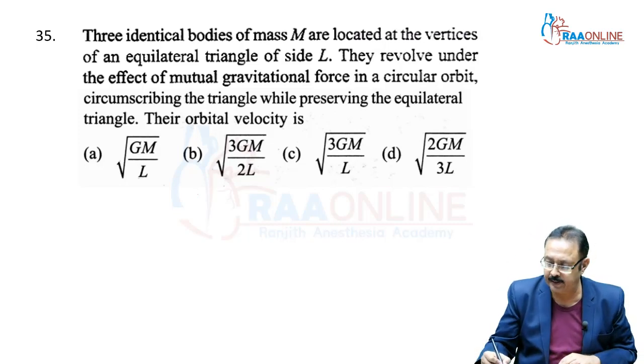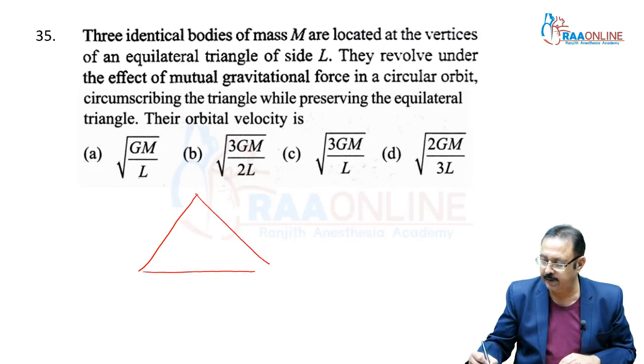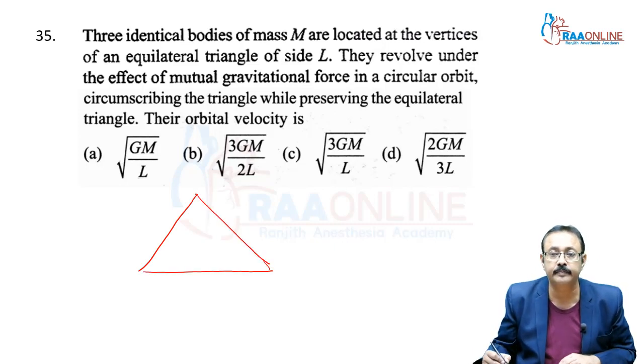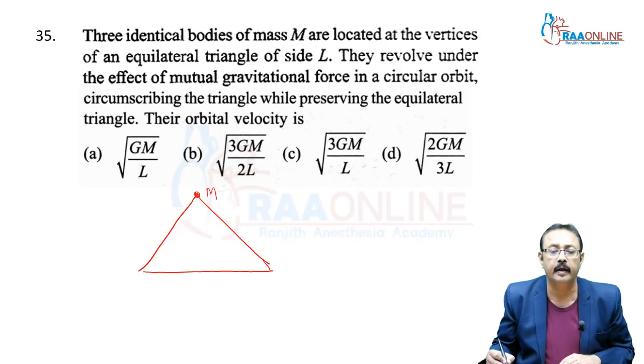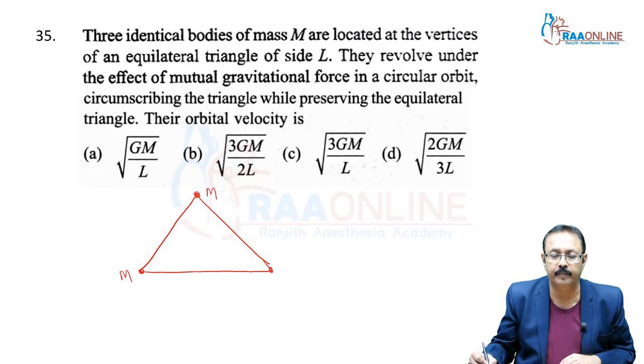What we are saying? We are keeping the bodies located at the vertices of an equilateral triangle. Each is of mass m. It is mass m. It is also mass m.